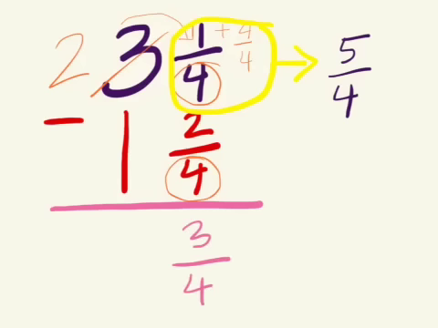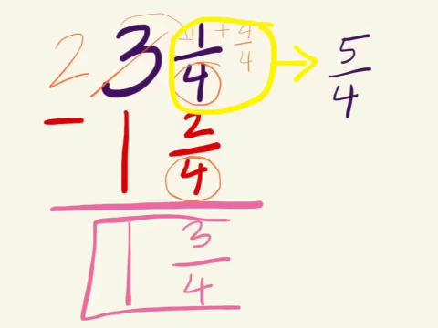And hey, that matches the answer that we're not supposed to know that we can get. Now that we've dealt with our fractions by regrouping the 1 whole into the language of fourths, we can move on to our whole numbers here. And 2 minus 1 is 1. So that's where we get our 1 3/4 answer.